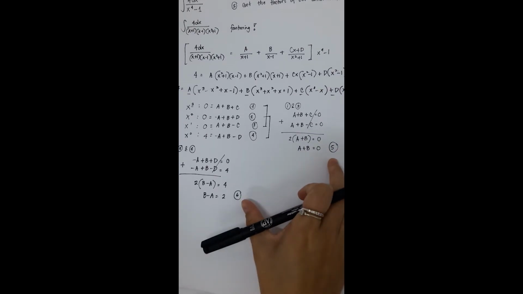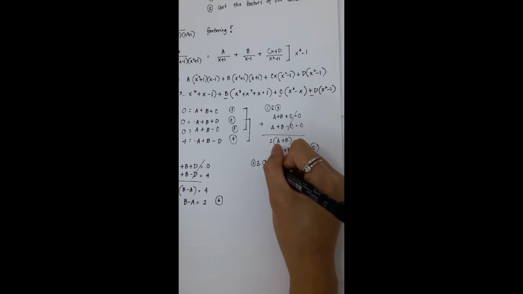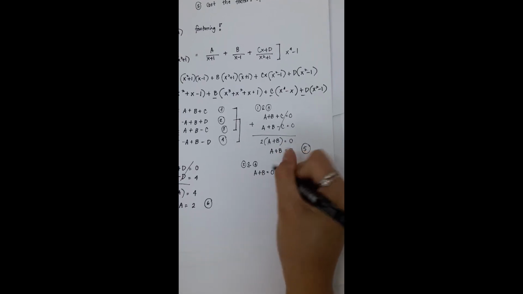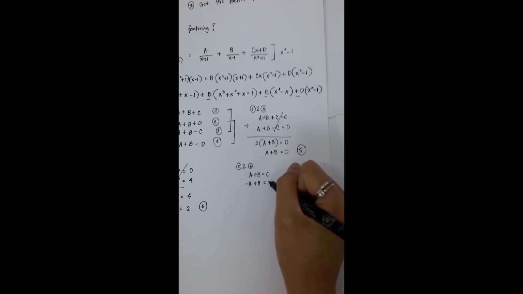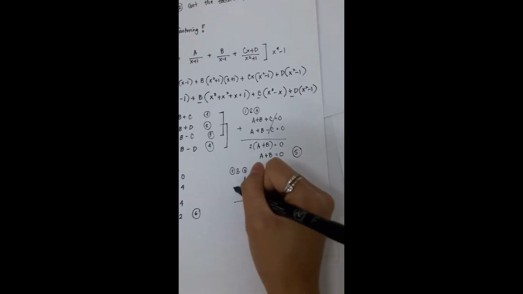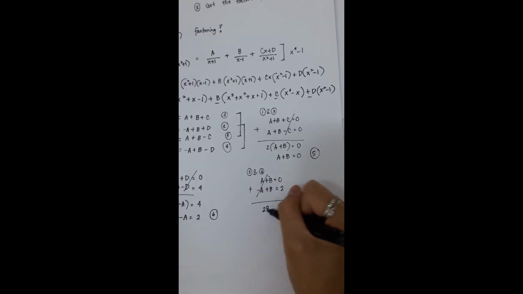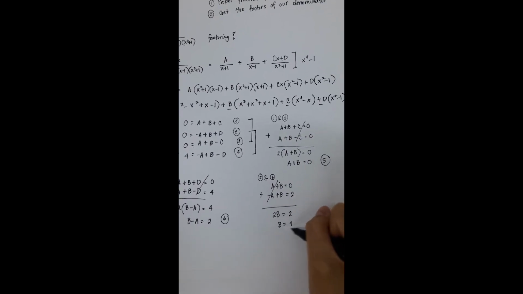Now combining our fifth and our sixth equation: A plus B is equal to 0 and negative A plus B is equal to 2. If we add these equations, we can cancel out A, and then 2B is equal to 2, B is equal to 1.